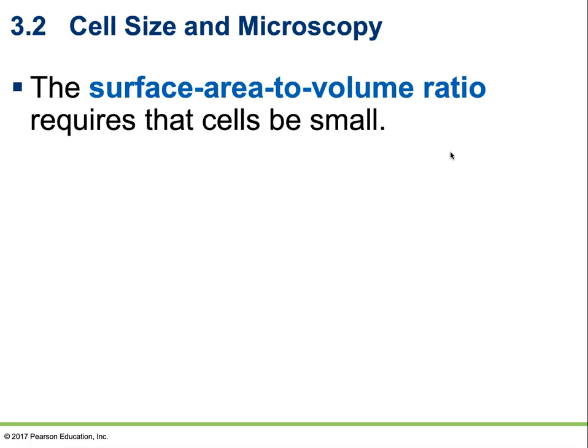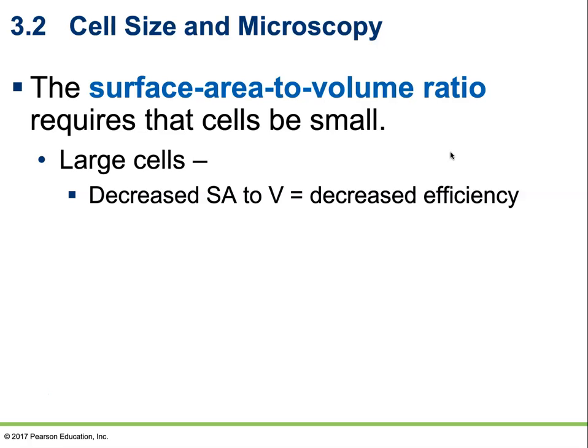So in order to summarize this, the surface area to volume ratio requires that cells be very small. Large cells have decreased surface area to volume, which means decreased efficiency. The larger the cell, the bigger the peanut butter cup, the smaller the chocolate to peanut butter ratio, which is not what we want.